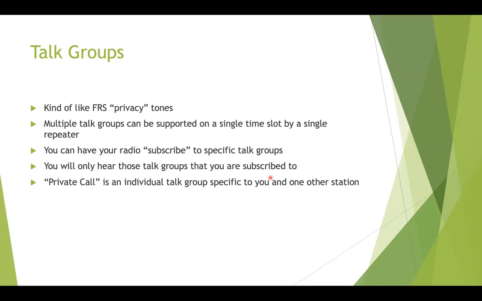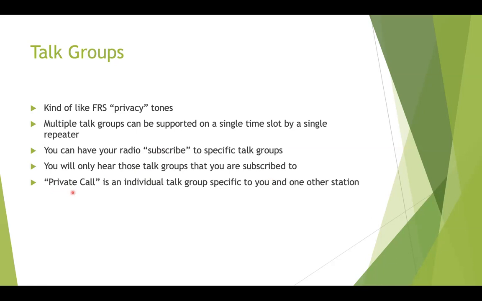And so you can have multiple conversations happening on the same channel, but they don't have to walk on top of each other. So you can set your radio up to subscribe to specific talk groups, and you'll only hear those talk groups that you're subscribed to.